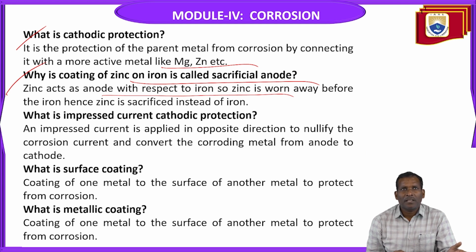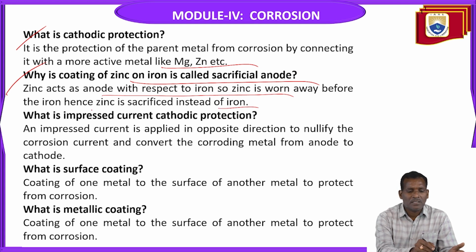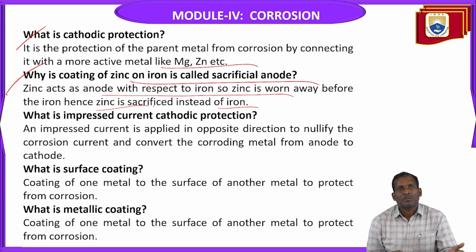So what will happen here? The zinc is worn away before the iron. The protective layer is worn away, and the zinc is sacrificial instead of iron. To protect the iron, the zinc coating is used, so the zinc is called the sacrificed one.